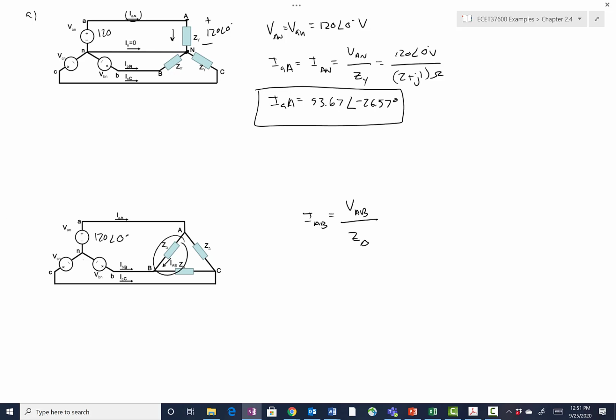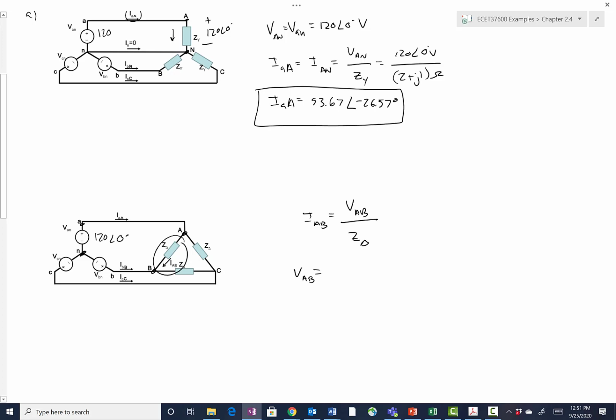We can see that it's the voltage addition of VAN and VBN. Add those two together and you get that. What we prefer to do, though, is this is a line to neutral quantity. This is a line to line quantity. So we really should do a line to neutral to line conversion.